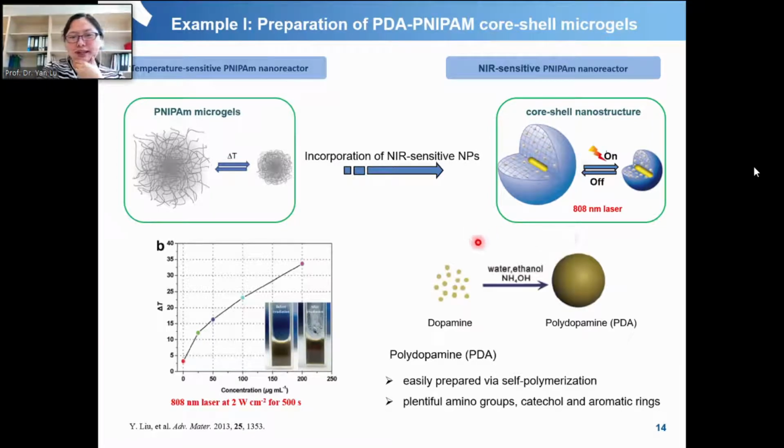So this is one example. This group, they are pioneers. In this case, they use polydopamine, one of the most highly efficient photothermal materials as we know now. So they use polydopamine as a photothermal particle and embed it into the microgel system.